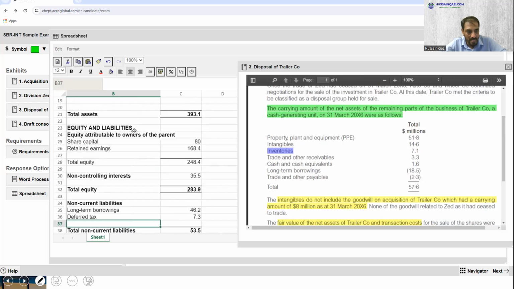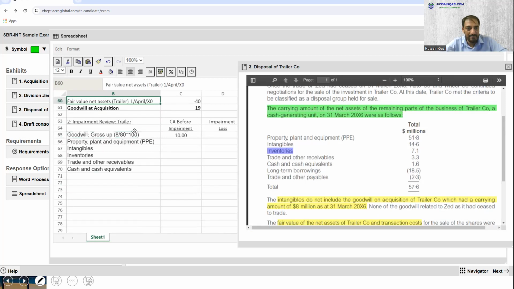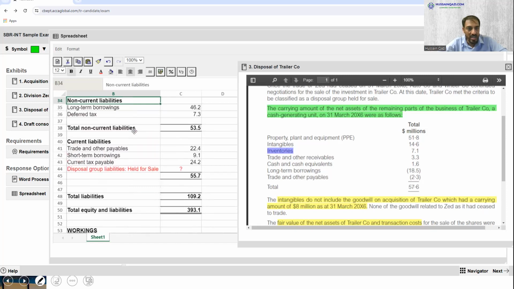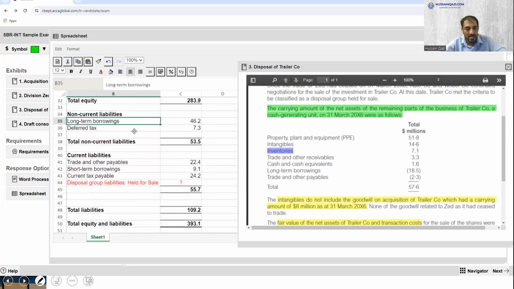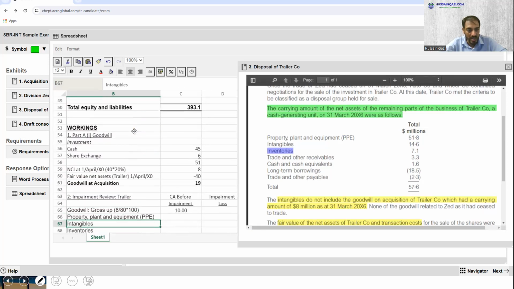Smart working, instead of using the cursor like this.